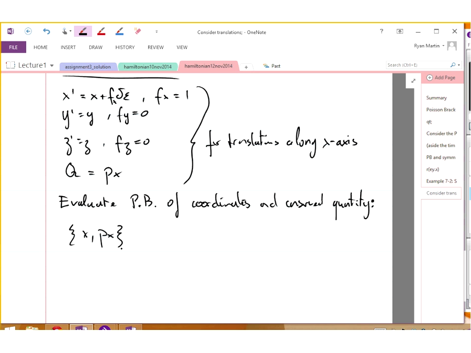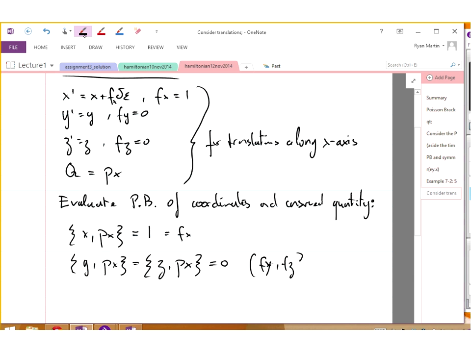Well, this is a trivial Poisson bracket, right? This is a coordinate with its conjugate momentum, and that was equal to delta ij. If it's qi with pj, then it's delta ij. So that's equal to 1, which is equal to fx. And then similarly, the Poisson bracket of y with px is going to be the same as the Poisson bracket of z with px. That's going to be equal to 0. So it's equal to fx, fy, and fz.